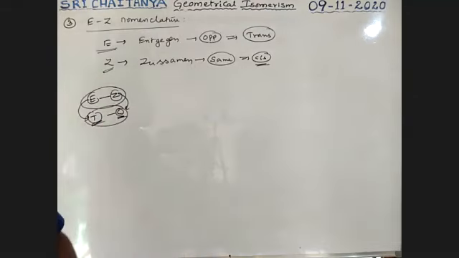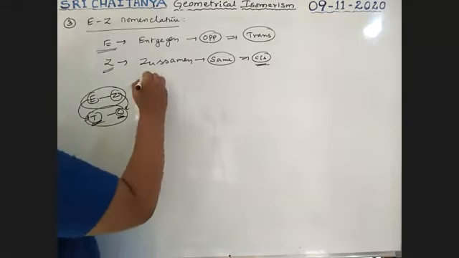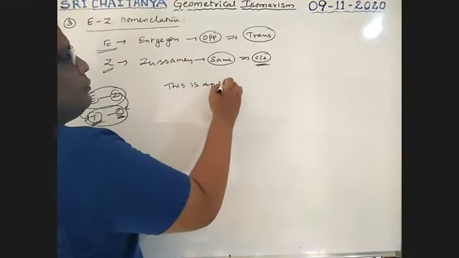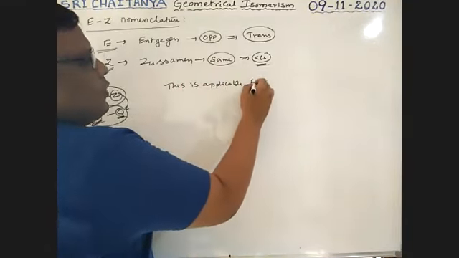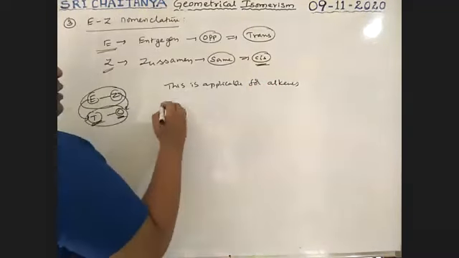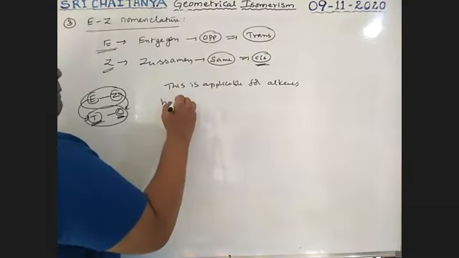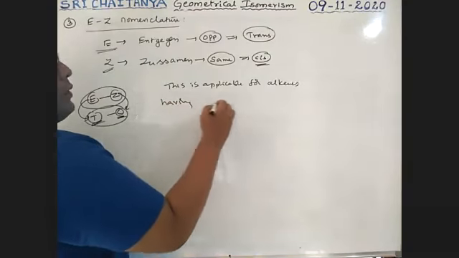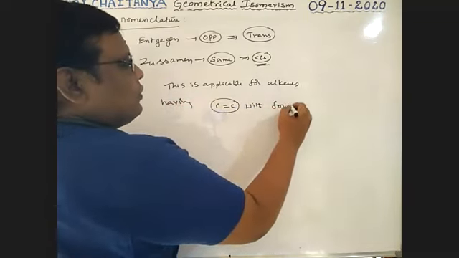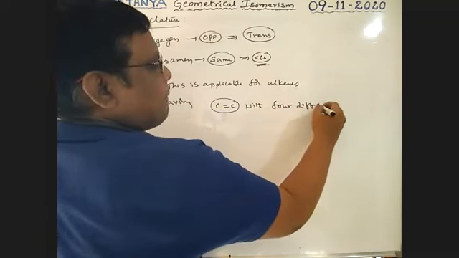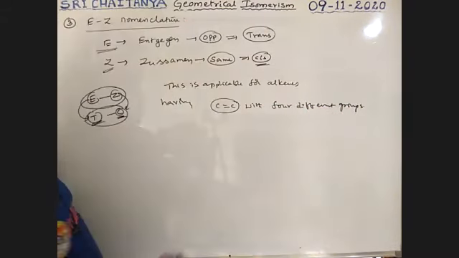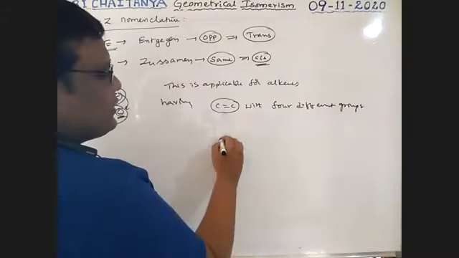Sir, when is this concept applicable? It is applicable for alkenes having C double bond C with 4 different groups. There is a C double bond C, boys.